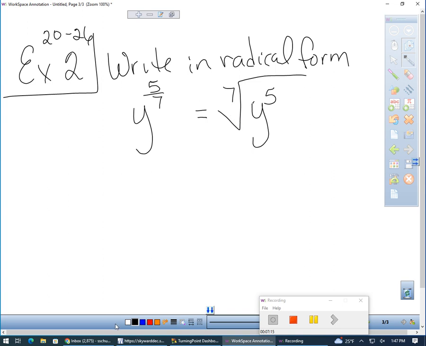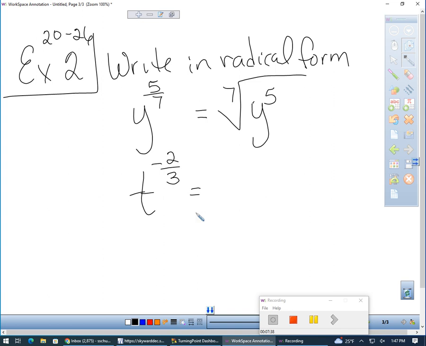What if I gave you t to the -2/3? Well, that's one of the rules we didn't go over, a negative exponent.